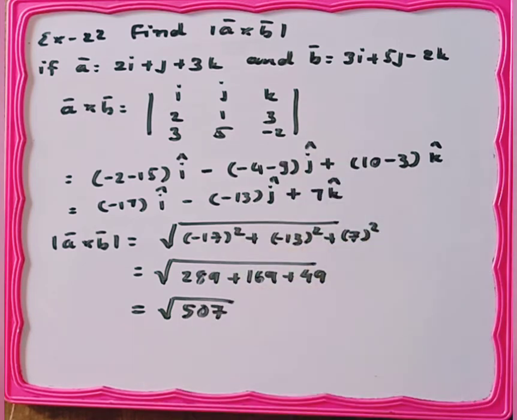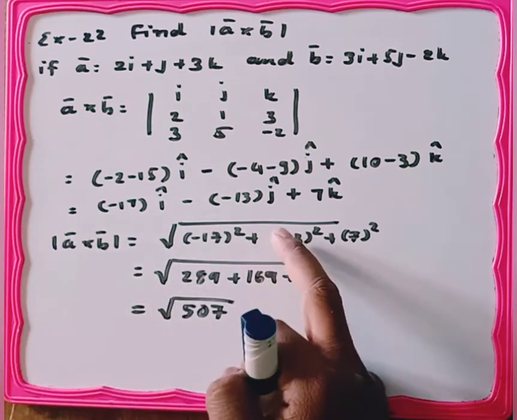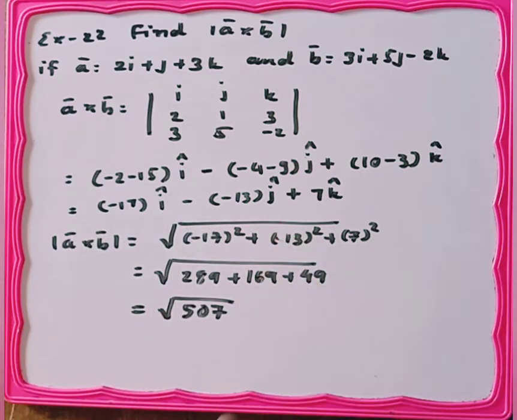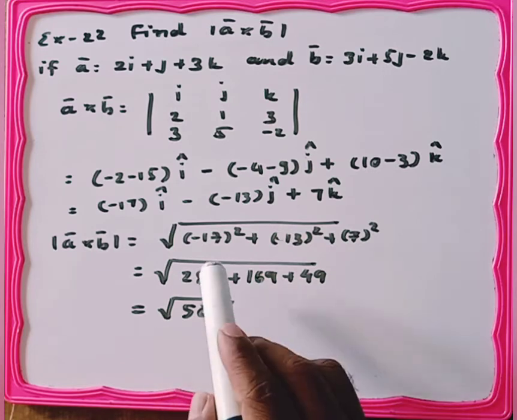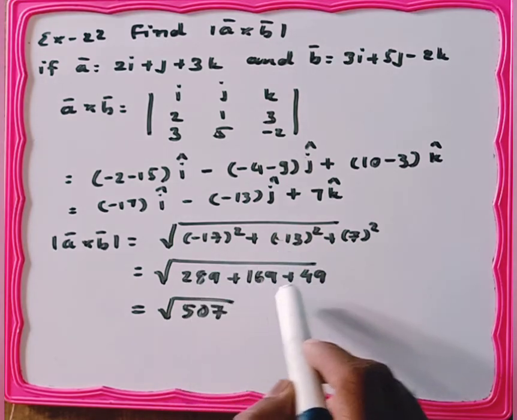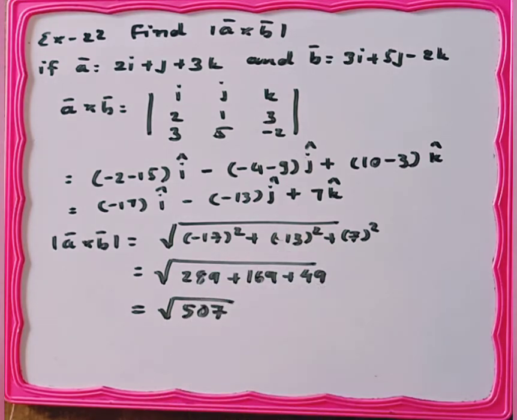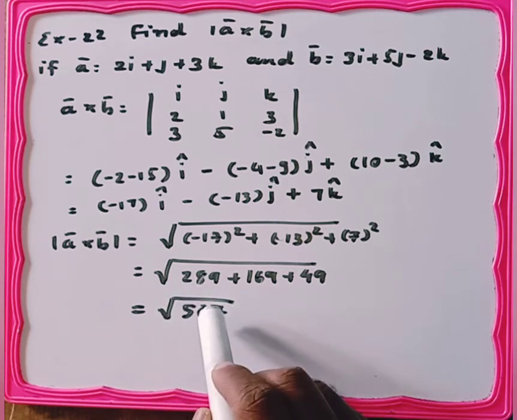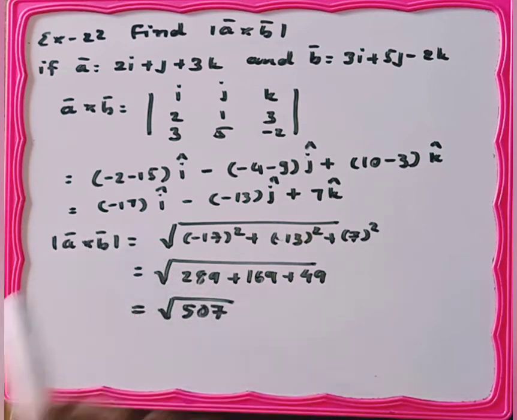So magnitude of a bar cross b bar is root of 17 square plus 13 square plus 7 square, so 289 plus 169 plus 49. Its addition will be 507. So magnitude of a bar cross b bar is under root 507.